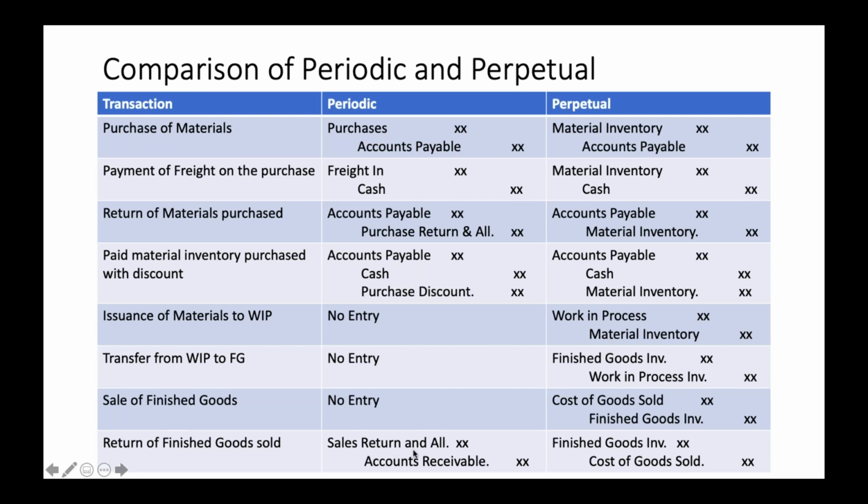And then for the return, since the perpetual inventory system uses a corollary entry, we just have to reverse the corollary entry of debit finished goods and then credit cost of goods sold. No entry for periodic regarding inventories, but of course the return should be recorded as debit to sales return and then credit to receivables.